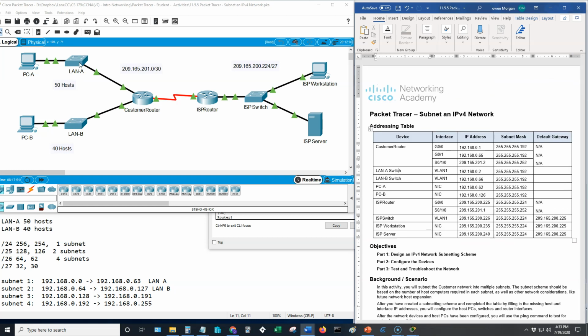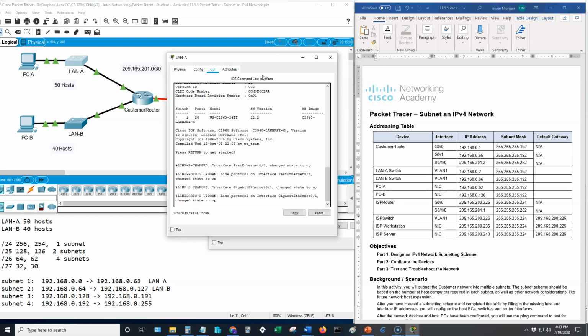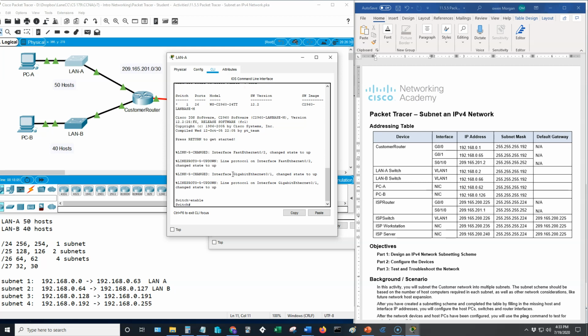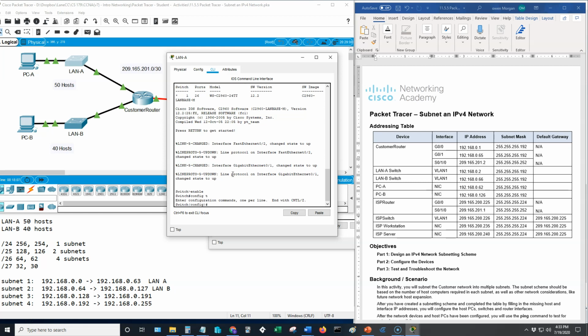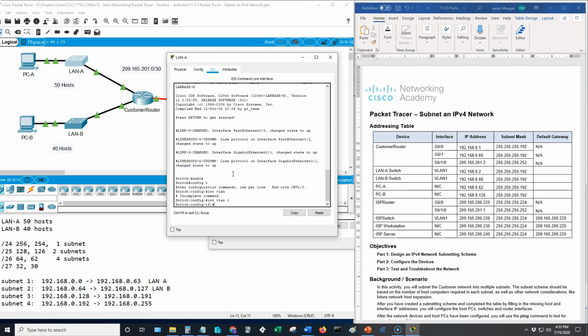So let's go to LAN A and go to the command line. This will enable the switch. We need to configure the VLAN, so we'll go to int VLAN 1. We'll do its IP address 192.168.0.2.